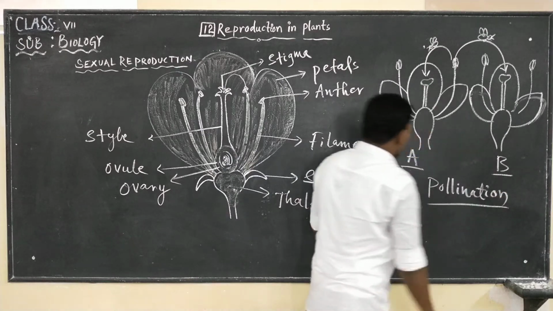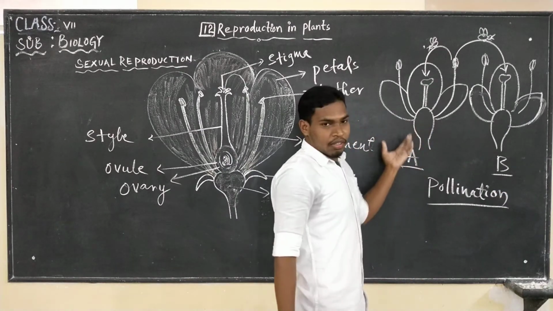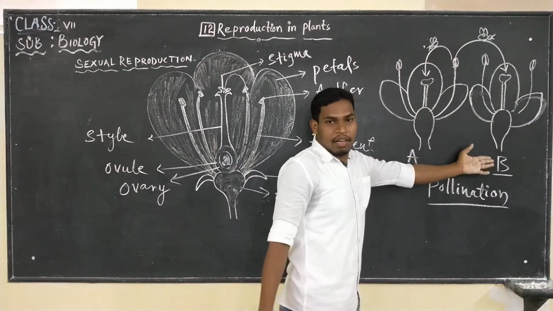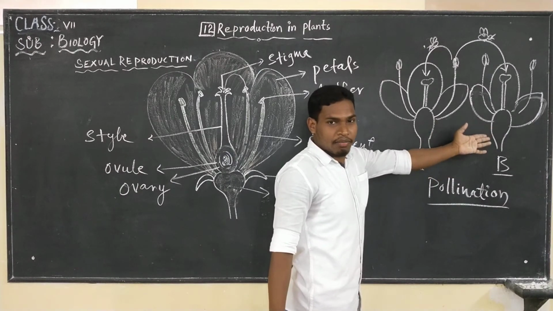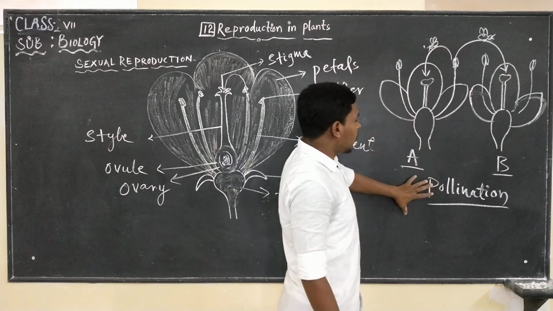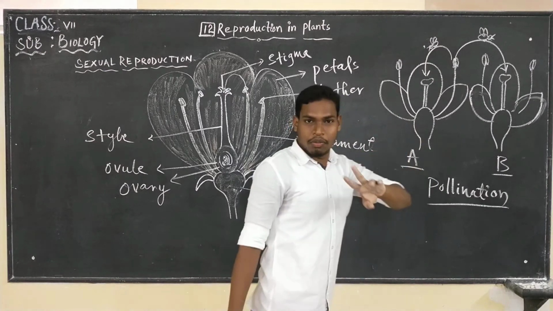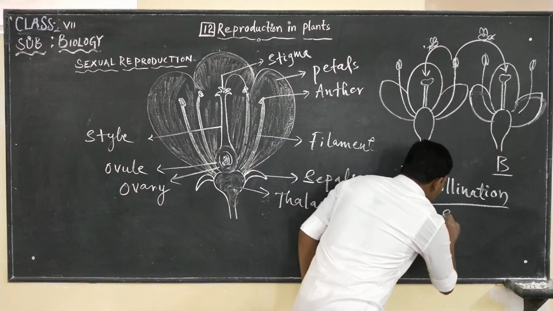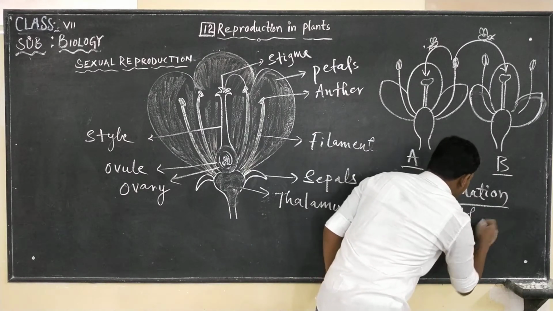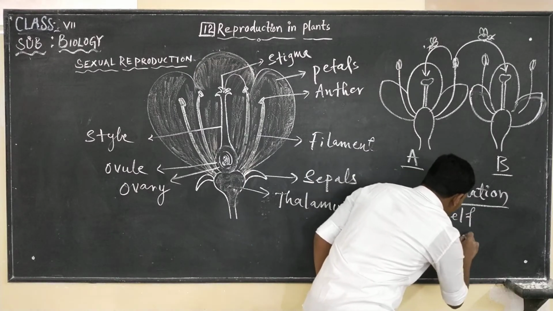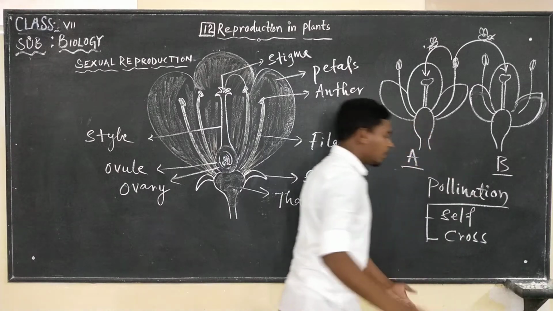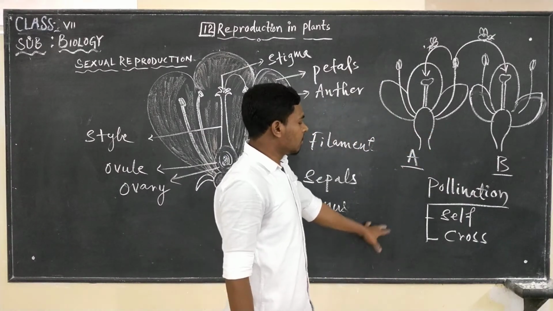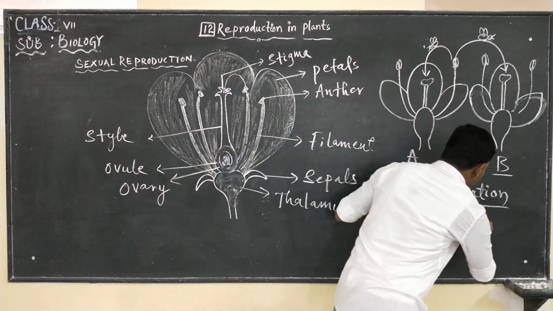I have drawn this flower A and flower B here. Pollination is of two types: self-pollination and cross-pollination. What is self-pollination?